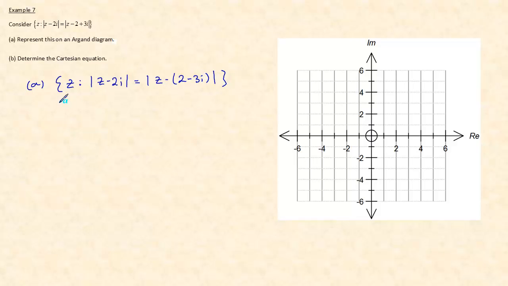So it's the set of points z such that the distance of z from 2i is equal to the distance of z from 2, negative 3. So 2i is here, and 2, negative 3 is here.